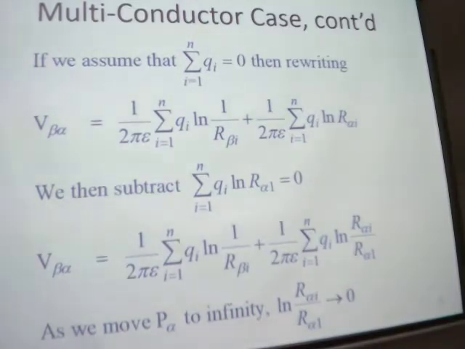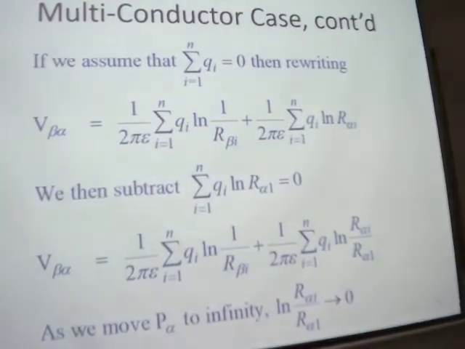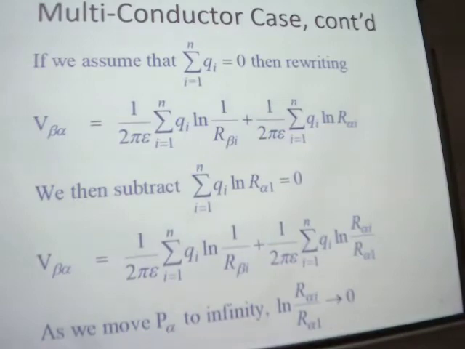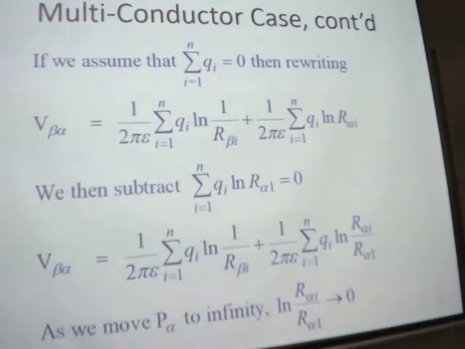Because it is very, very far away, this is a negligible distance, so the distances from alpha to i and from alpha to 1 are essentially the same.